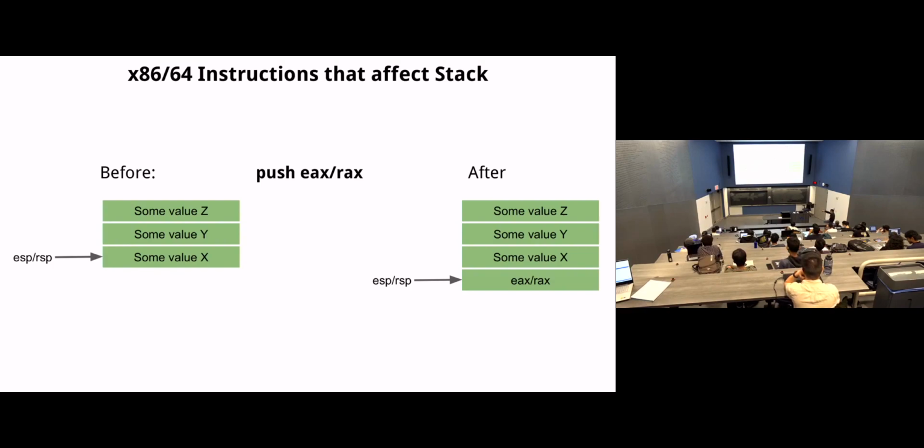The ESP register has the address of this item, which means ESP points to this value here, X. Now we push EAX: we move ESP down 4 bytes, then put the value of EAX onto the stack. So after this instruction, this is what the stack looks like. There will be one more item on the stack than before.